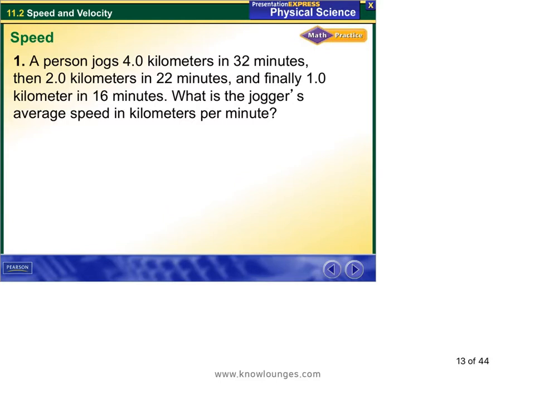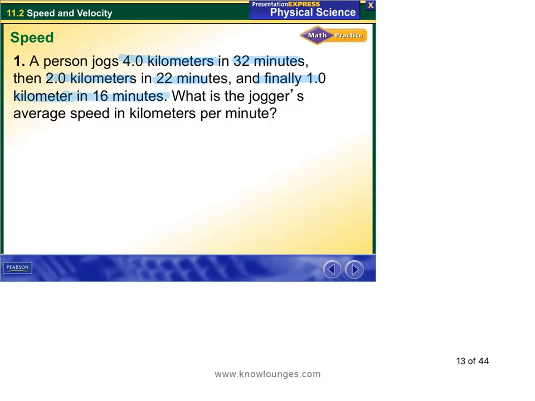Another problem. Here we are given 4 kilometers in 32 minutes, 2 kilometers in 22 minutes, 1 kilometer in 16 minutes.